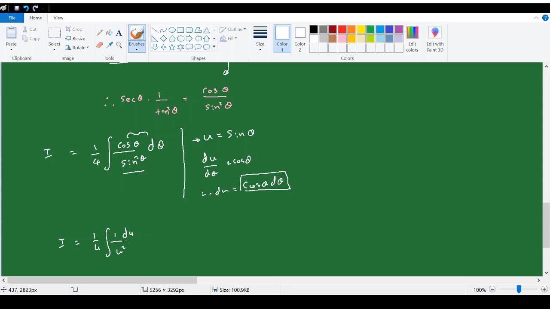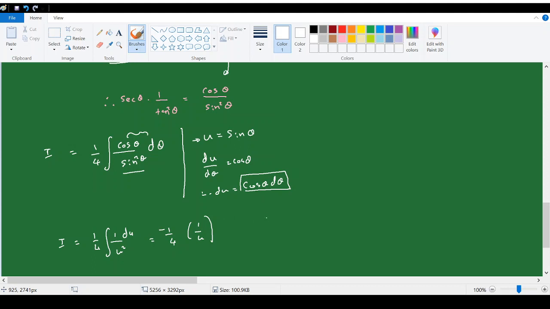For this one we can find the answer by our standard results, right, which is equal to negative 1 over 4 times 1 over u, right?